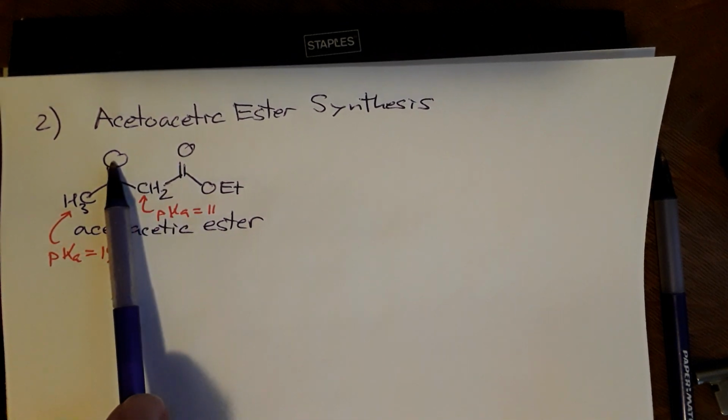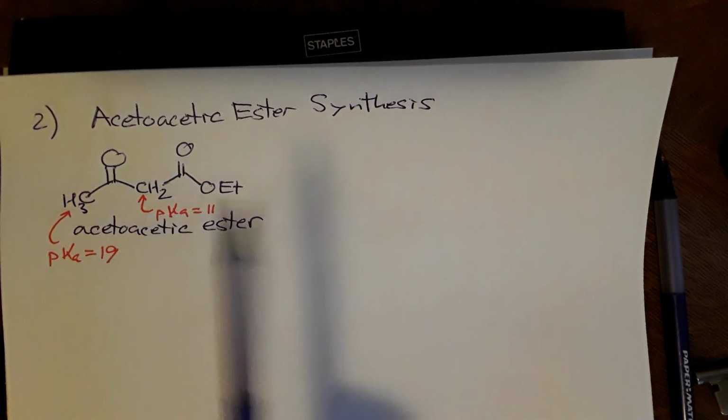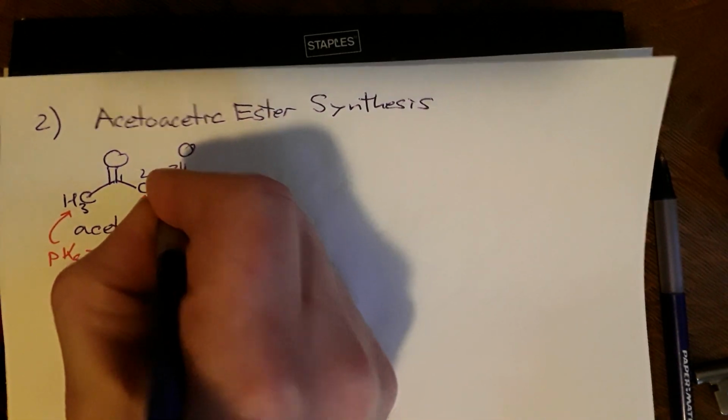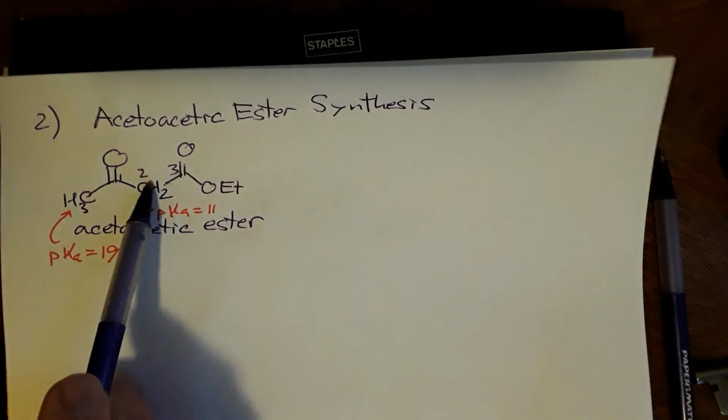So this is another one of these 1,3 dicarbonyl compounds. 1, 2, 3. So there's two carbonyls with alpha hydrogens in between them. On this side, instead of having another ethyl ester, we have a methyl group. So this compound is referred to as acetoacetic ester.